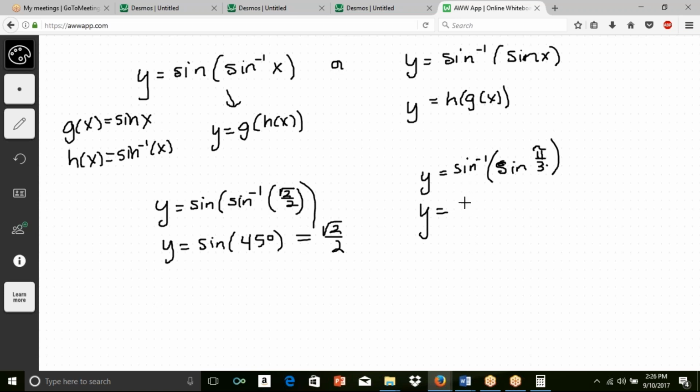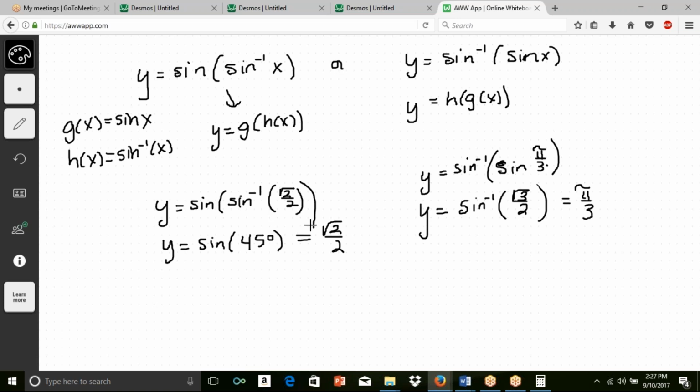So sine of pi over 3 is going to be square root of 3 over 2. I apologize for that. Say that again. So sine of pi over 3 is going to be square root of 3 over 2. And then if I take my arc sine of square root of 3 over 2, I know that that's going to be in the first quadrant. So I get pi over 3 back out.